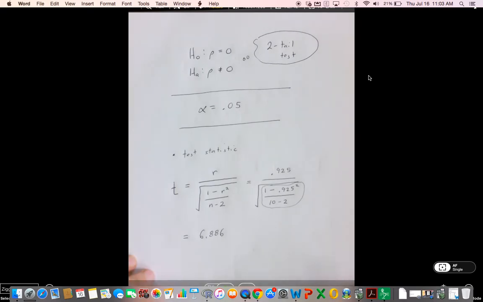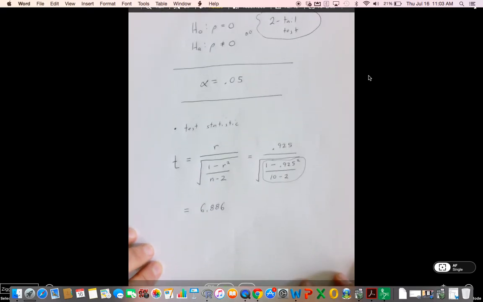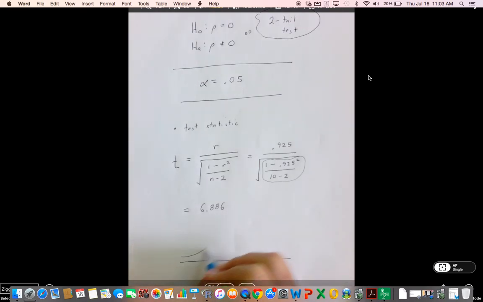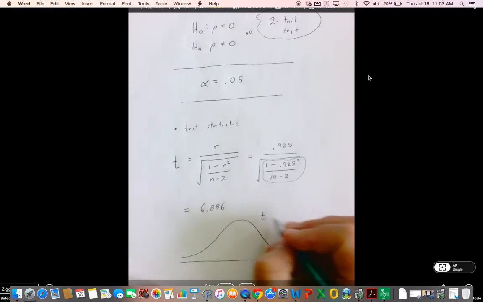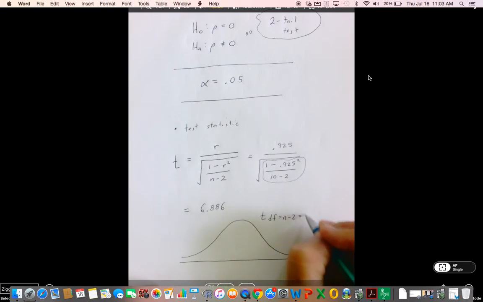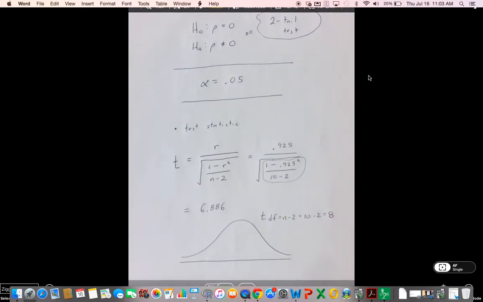Now what I do to calculate the p-value is I use the stuff that I taught you in earlier videos. The distribution that we use here is always degrees of freedom equals n minus 2. So however many data points you have, that's the degrees of freedom minus 2.